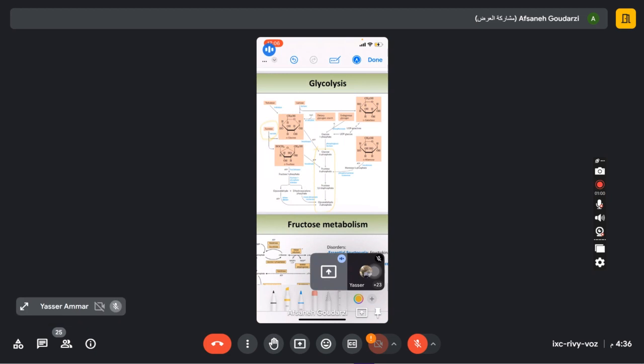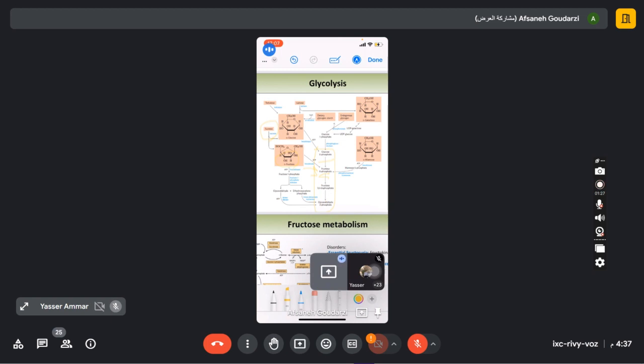Sucrose by sucrase produces glucose and fructose. So this fructose enters the glycolysis pathway from this point, because glycolysis by glucose starts from changing glucose to glucose 6-phosphate. But when we have fructose, fructose changes to fructose 6-phosphate and it enters from here.